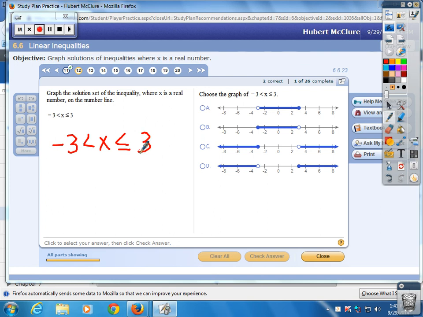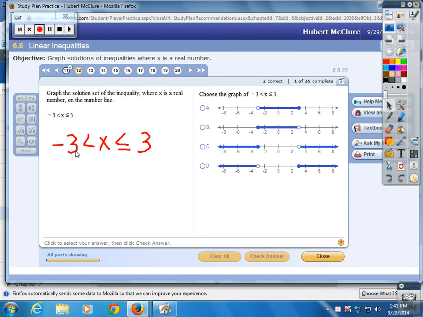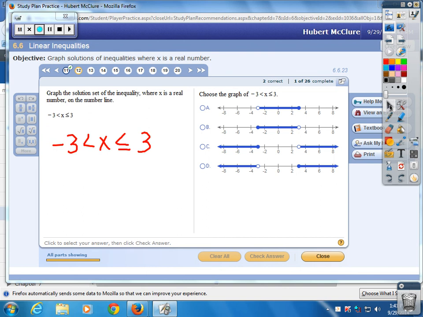And they want you to graph it. Zero, negative 3, positive 3.